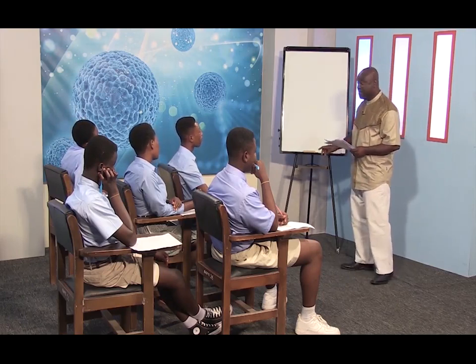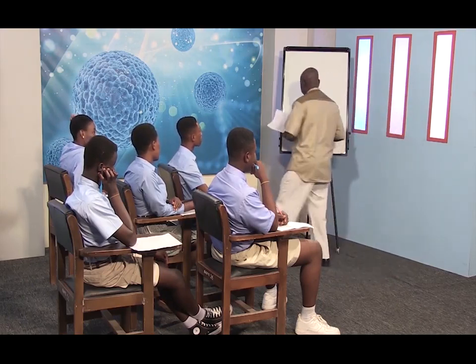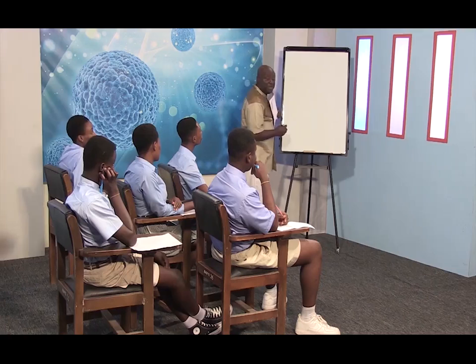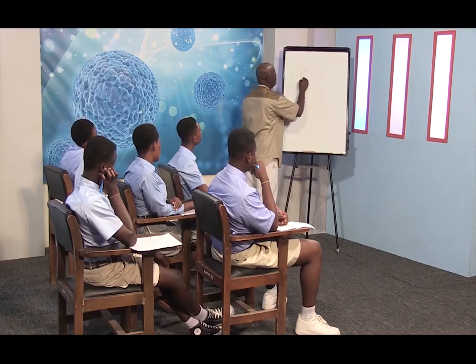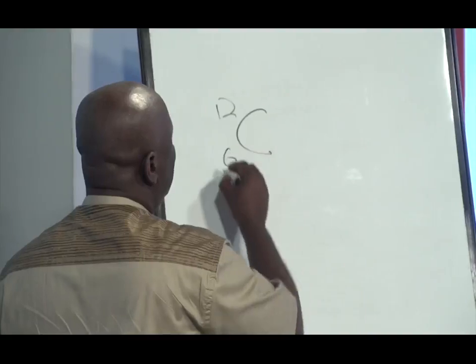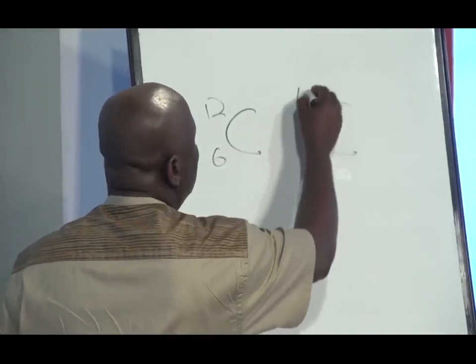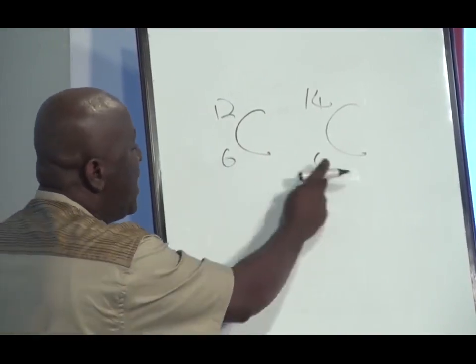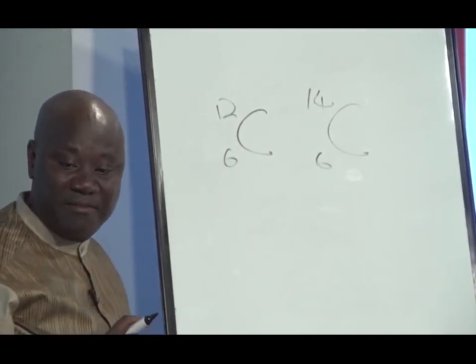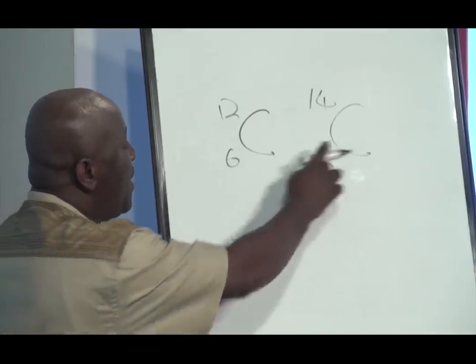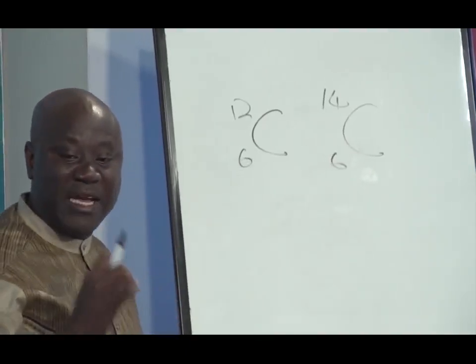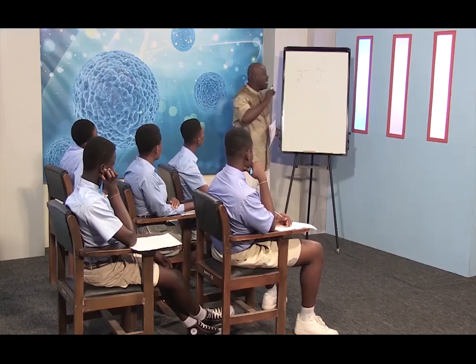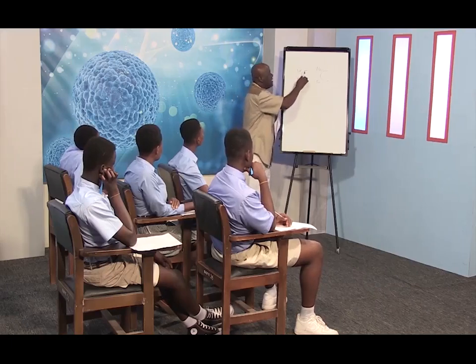When we write them, we represent them as the number here indicates the atomic number. You will see that both of them have got a unique atomic number, and that is 6. That makes this one get its name as carbon.